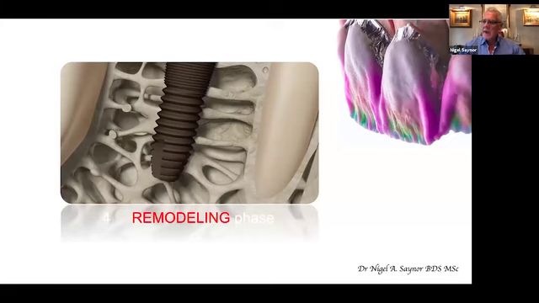Of course, if we are off-axis loading and we are creating forces that are not natural for that implant, then we are going to create a problem. And we all know that occlusion is a dynamic process in the same way that bone is a dynamic substance, that you've got to check your occlusion regularly.